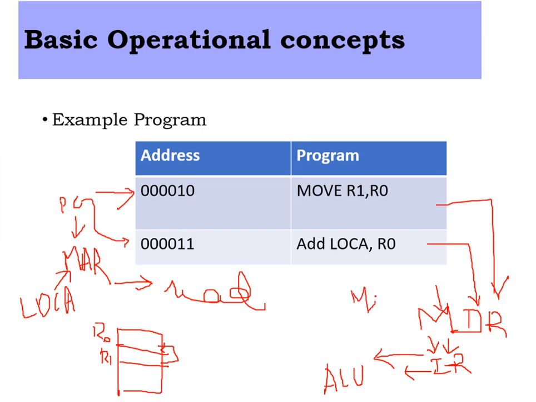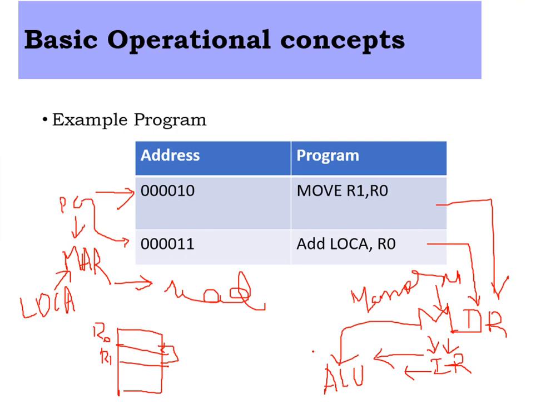From memory it is copied to the MDR, and from the MDR it will be directly transferred to the arithmetic logic unit. Once the arithmetic logic unit performs this operation, it is going to produce the result. So this is regarding the basic operational concepts, how the program is going to get executed. Thank you.